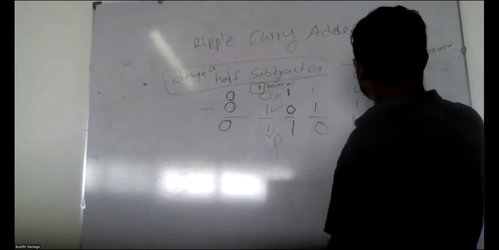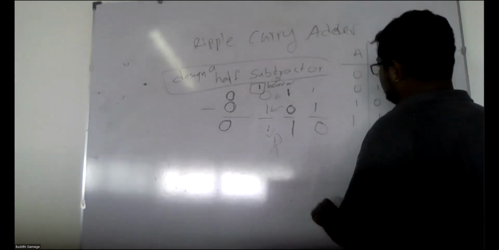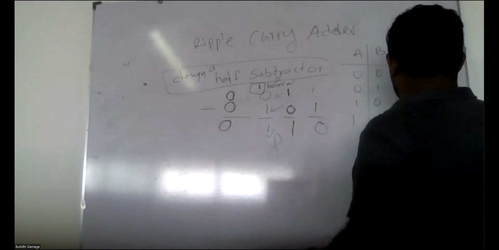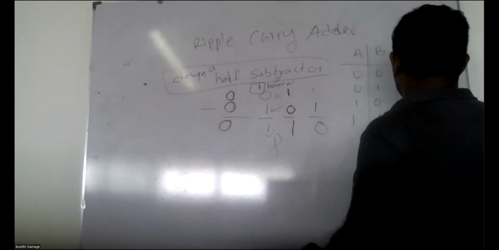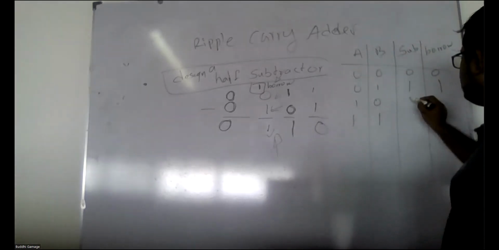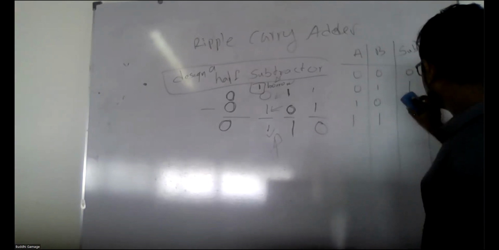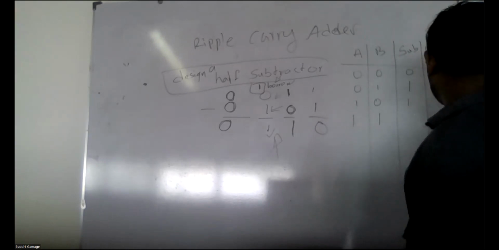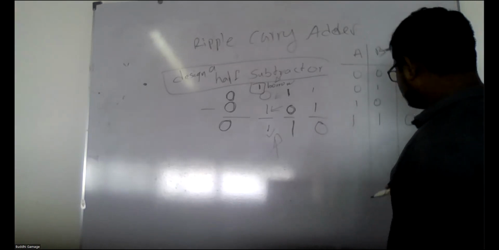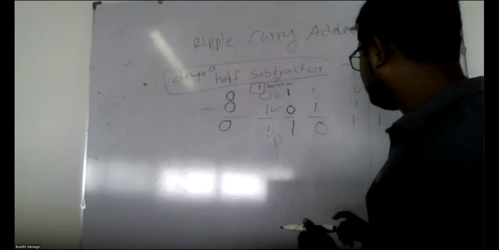For 0 minus 0, the difference is 0 and borrow is also 0. 0 minus 1: the difference will be 1 and we need to borrow. So this is our output. 1 minus 0 is 1, sorry, and borrow is 0. And 1 minus 1 is 0 and this is also 0, right?